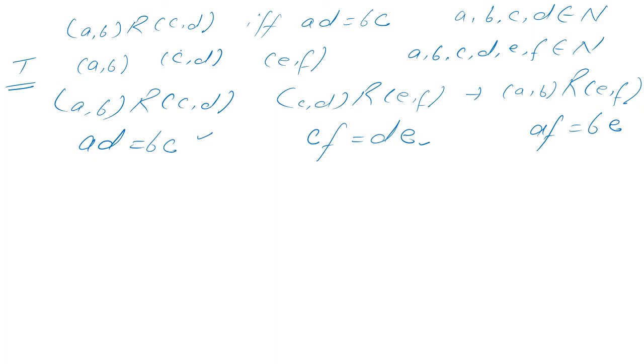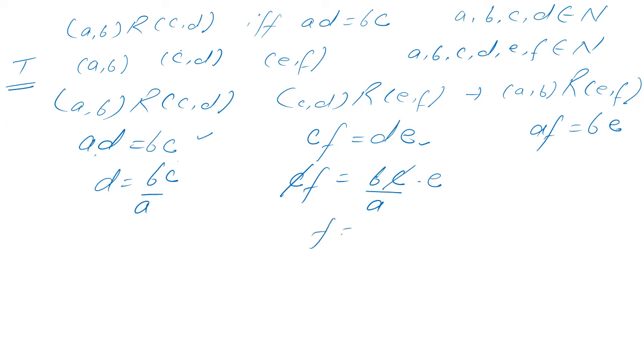Now let us see. ad is equal to bc, right? So I can write d is equal to bc upon a. Substitute it over here. cf is equal to bc upon a into e. I can cancel out c from here and here.